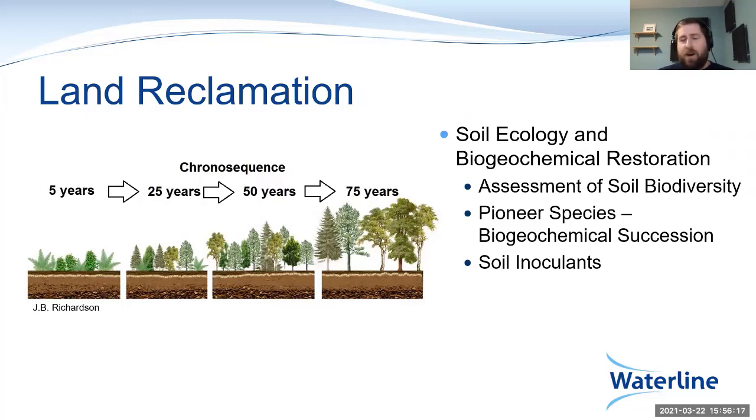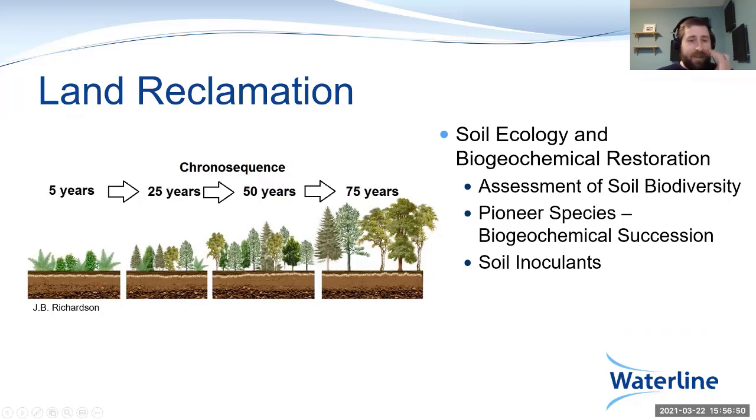There's also soil inoculants, and these would fall into the category of soil amendments, but there are some commercially cultured symbionts that you can spread in the soil, and they'll help fix nitrogen. They'll work with the nitrogen fixers, pioneer species in the soil, and help kind of get things going quickly.